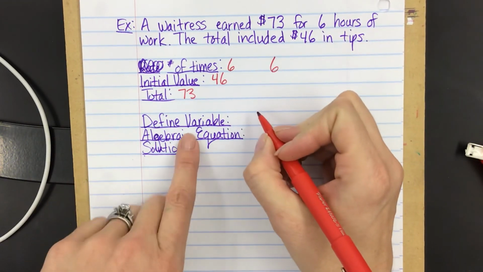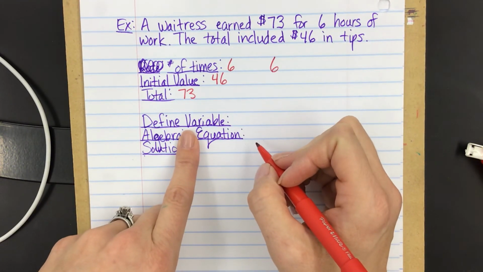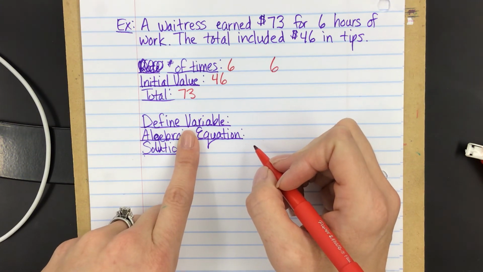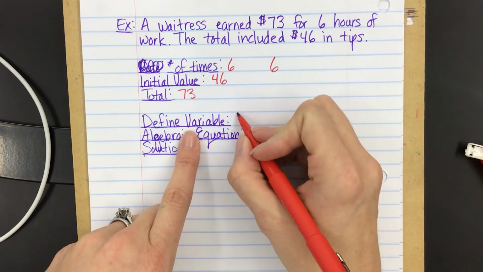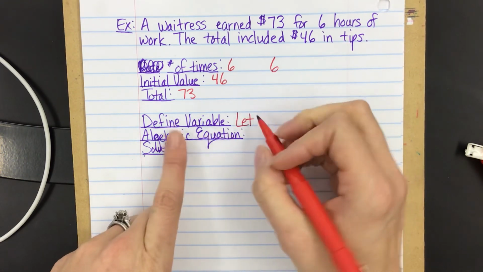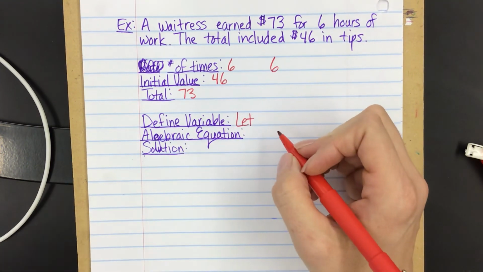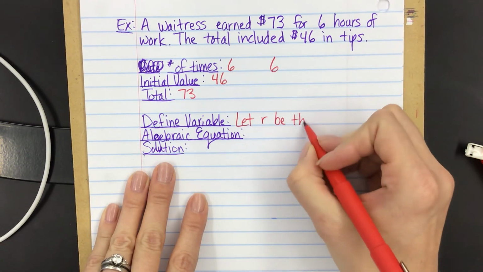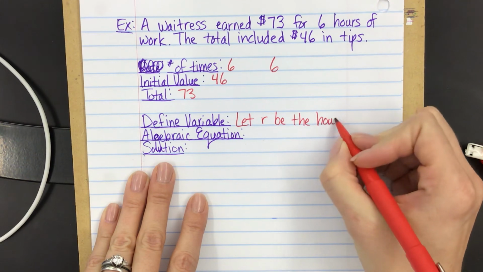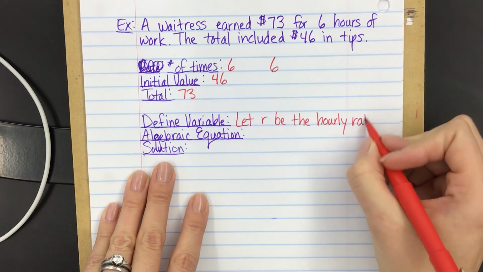What did you guys put for your variable? R for the rate, hourly rate. So you may choose something different. That's totally fine. As long as you define it, it doesn't matter. Okay, so let R be the hourly rate.